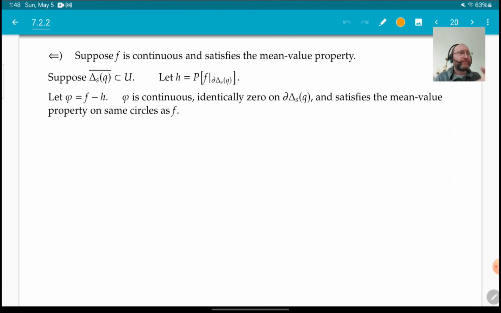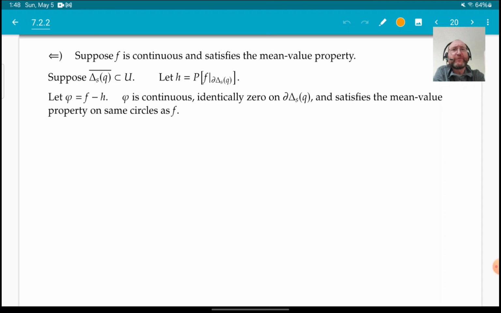h, of course, satisfies the mean value property on all circles that will fit in U, right? Whenever I have a disk that's in U, then h satisfies the mean value property on those circles. f maybe satisfies it on just all the small enough ones. So whenever f satisfies the mean value property, h does as well, and therefore phi does, right?